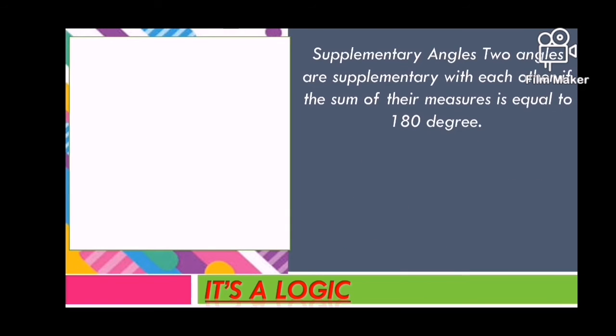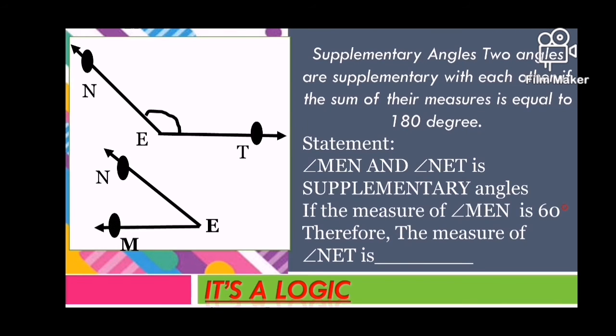The next angle pair that we have is supplementary angles. Two angles are supplementary with each other if the sum of their measure is equal to 180 degrees. The statement that we have is: angle MEN and angle NET are supplementary angles.